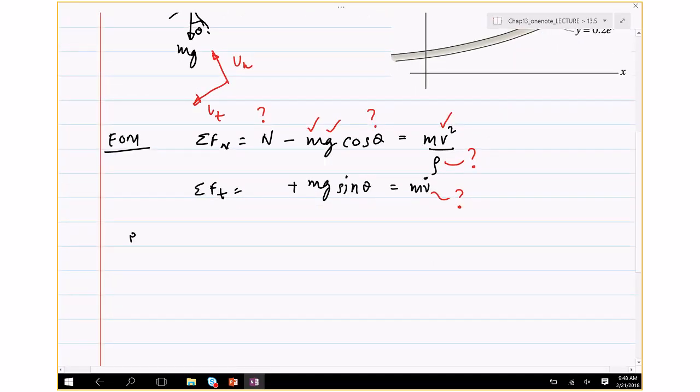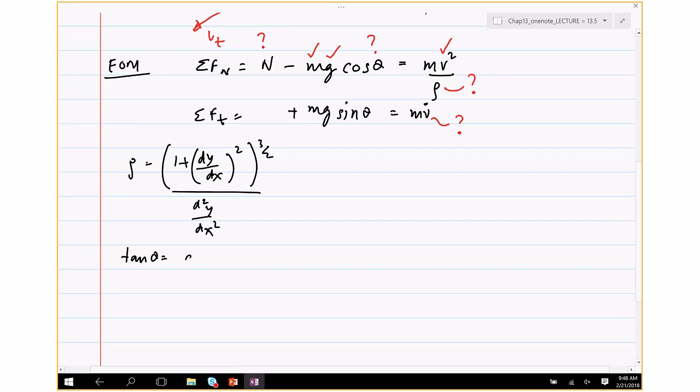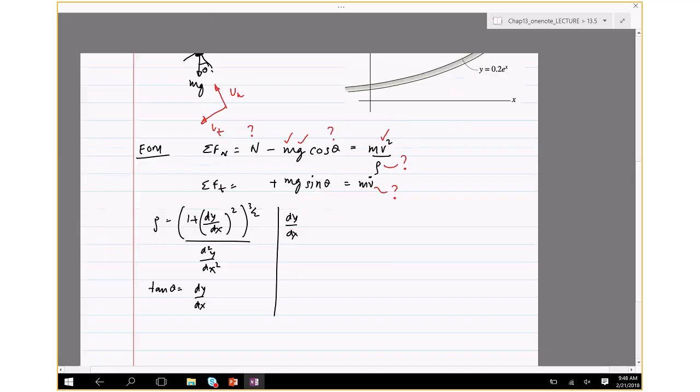Rho is [1 plus (dy/dx) squared] to the power 3/2, divided by d squared y by dx squared, and tan theta, as we know, is dy/dx. As long as I can find dy/dx and d squared y by dx squared, I should get rho and theta. So let's do that. What's the equation of the curve?